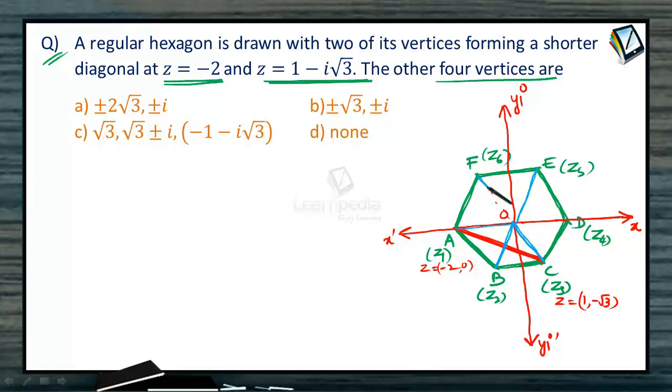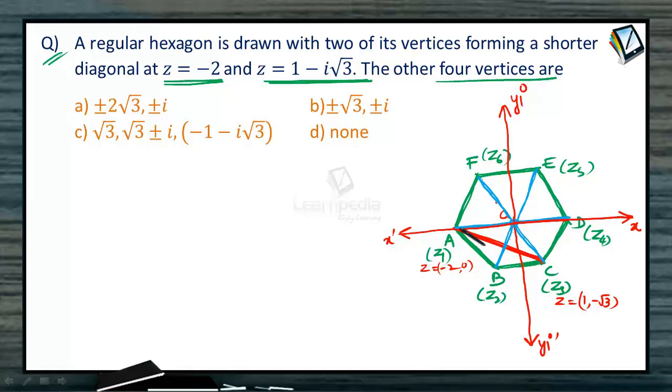This length is equal to 2, because z indicates the distance from the origin, that is, the magnitude is 2, so everything is equal to 2. Now this is (1, -root 3).